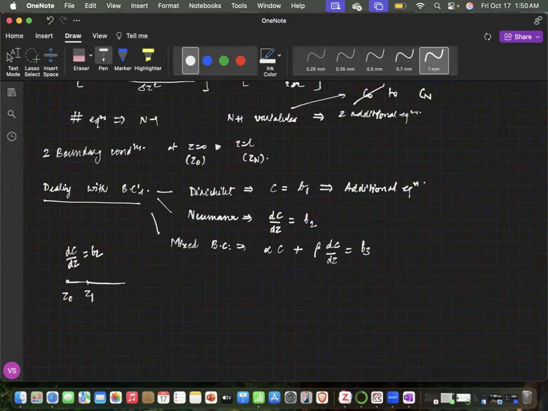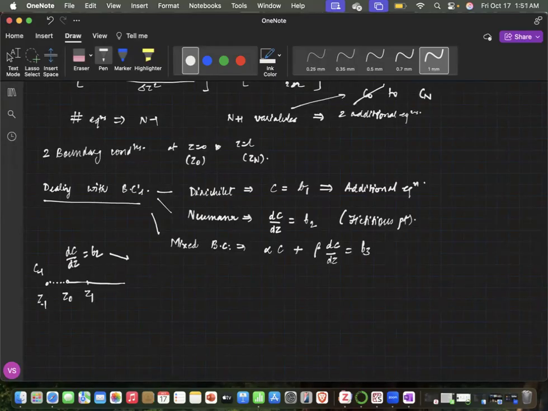Whenever dealing with a Neumann boundary condition, or a boundary condition having derivatives, we consider what is called a fictitious point. We use a fictitious point to solve such problems. A fictitious point means we assume that towards the left of Z0, there's a fictitious point Z minus 1, and there the concentration is defined as C minus 1.